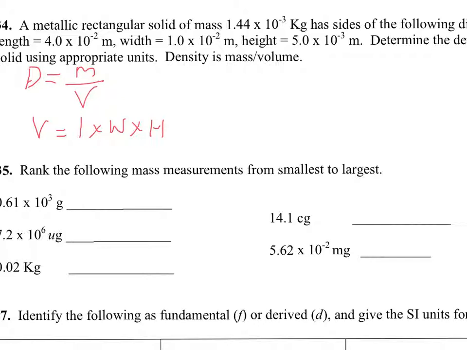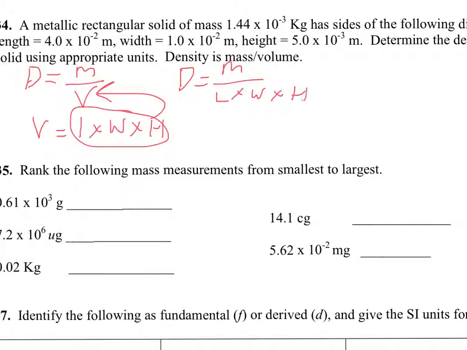So we should be able to substitute this right here and place it in right there. So what we end up with is density is equal to mass divided by length times width times height. Now remember that length times width times height, they're all together underneath that line. Now we can do our substitution.